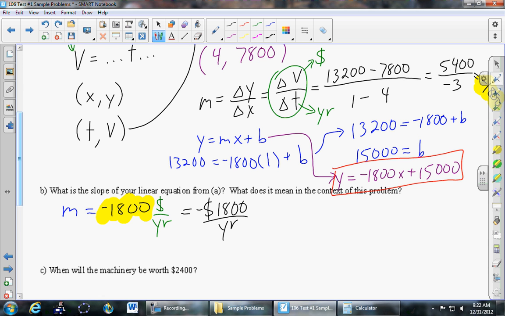So what's the interpretation? The interpretation is that the value changed by negative $1,800 every year. Or if you want to change the negative sign to decreased, then we could say something like the assessed value decreased at $1,800 per year.